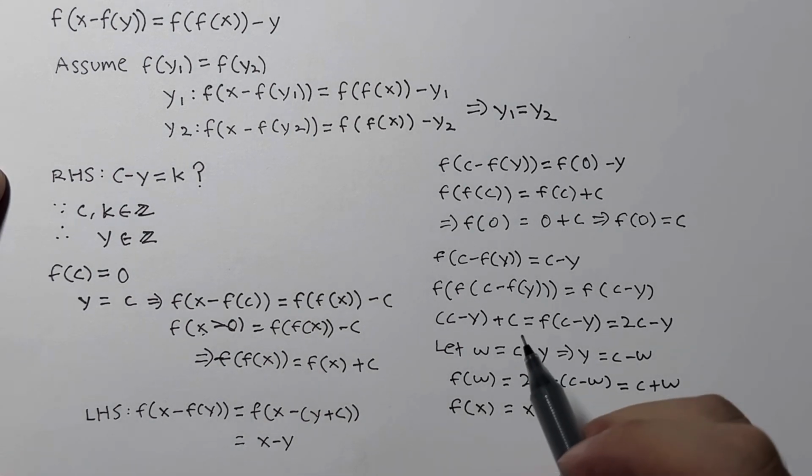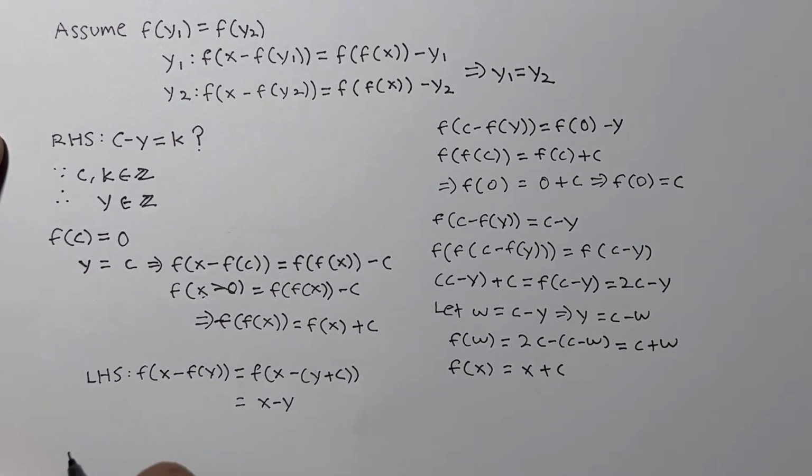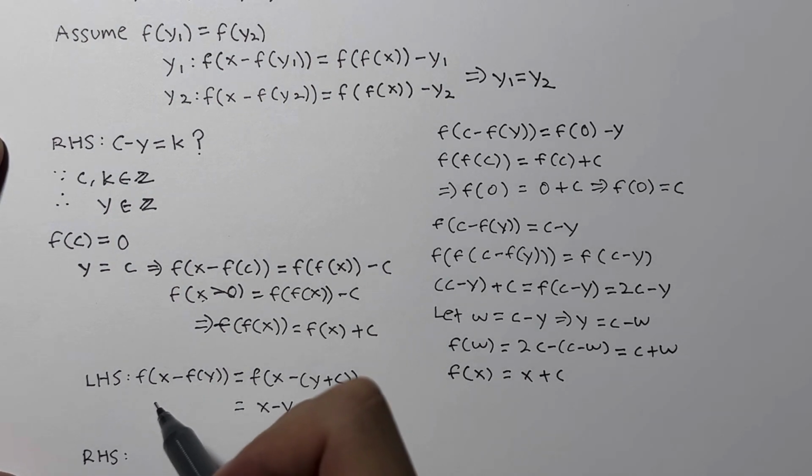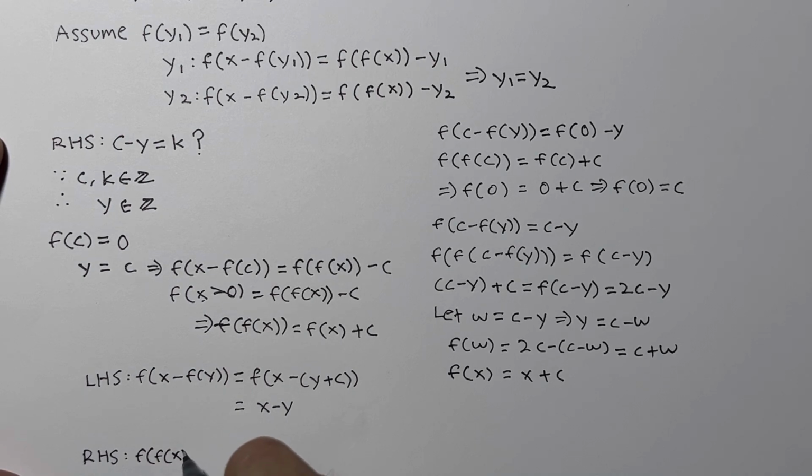Now the right-hand side. The right-hand side will equal f of x minus y, equals f of x minus y plus c.